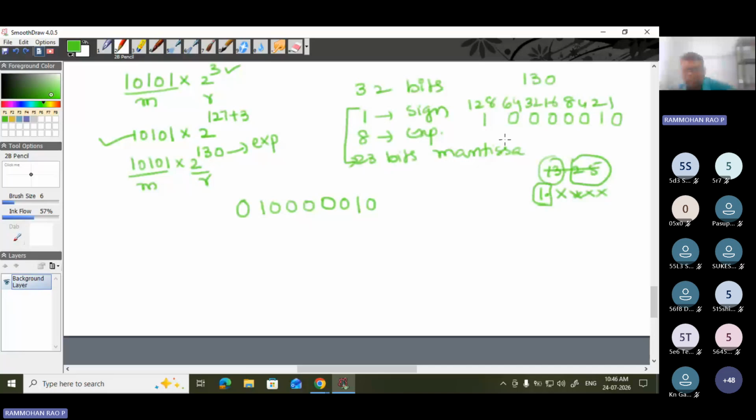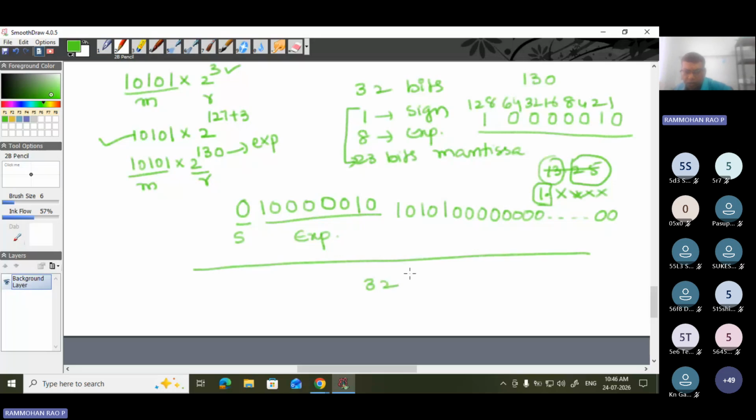Now I am trying to write the 32-bit answer. 1 bit for sign. 8 bits is my exponent: 130 in binary is 1 followed by 5 zeros followed by 1 0. This is the sign bit, this is the 8-bit exponent, and what is my mantissa? My mantissa is 10101, 5 bits, but 23 bits are allotted for mantissa, so I will write zeros to fill 23 bits. In total it is a 32-bit code.